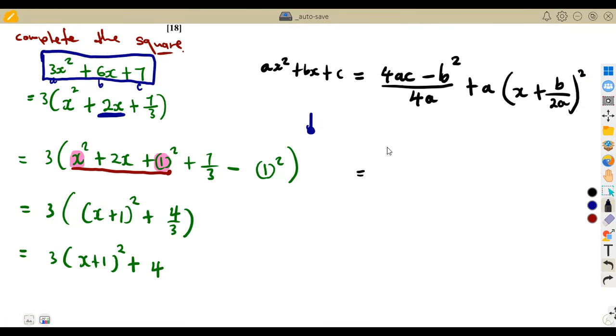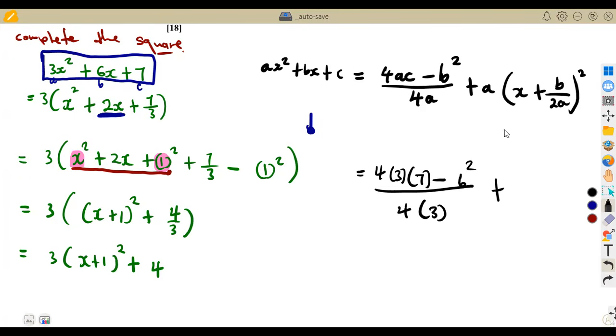So let us see. This is going to be 4 times a, our a here is 3, so it's 4 times 3 times c, our c here is 7, minus b squared, our b is 6, so this is 6 squared, everything over 4 times a, our a, which is 3.